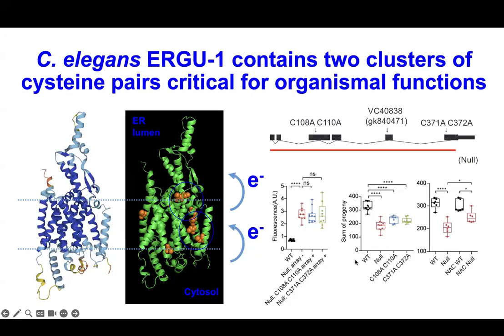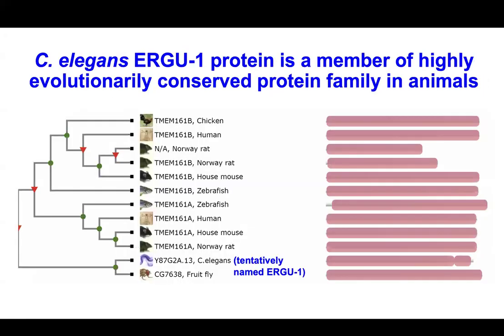And as you can see, the knockout without array showed upregulation, and with the array, one type of array, you can see restored regulation, but with the mutant array, they still stay very high with constitutive gst-4 GFP expression.